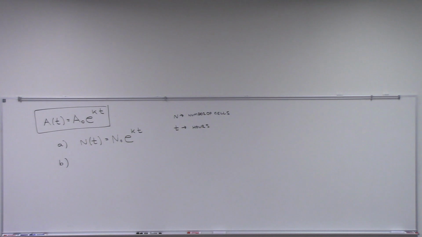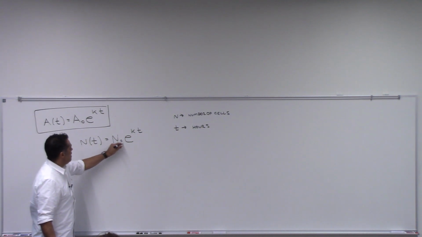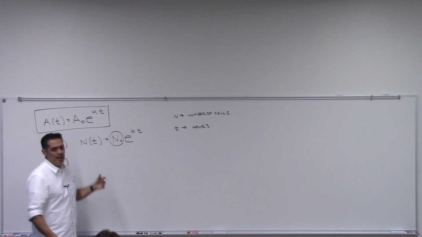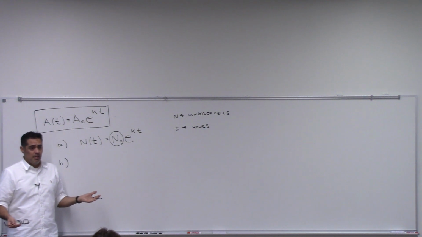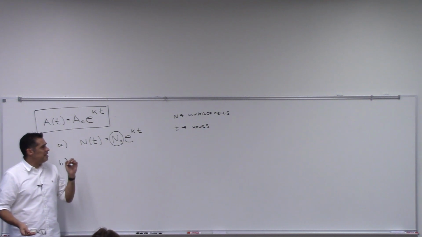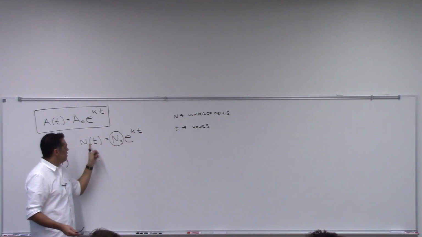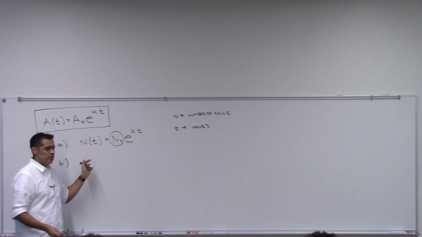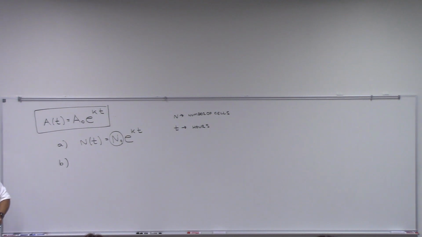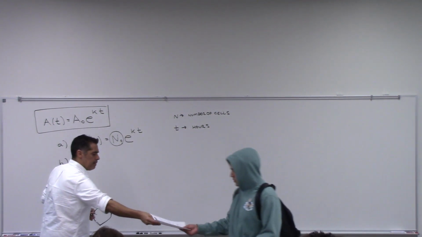So what does that mean? Whatever this is, that's the initial amount. I don't know how much that is, right? But I know that when T is 3 hours, when T is 3, this thing should double, right? This thing should double.